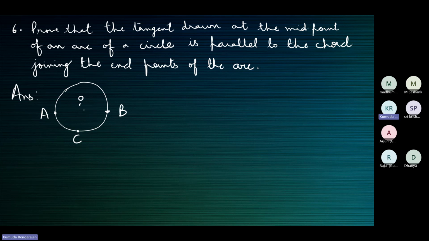Circle with center O, AB is an arc. A and B are the endpoints of the arc. C is the midpoint of the arc AB, which means the length of arc CA is equal to the length of arc CB.